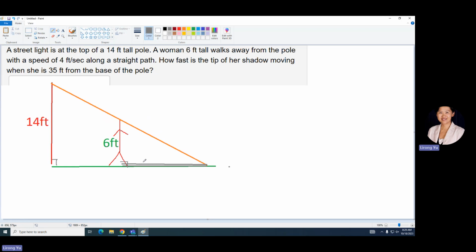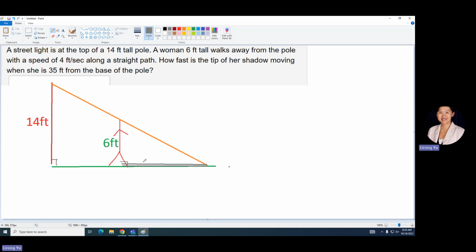There are two similar triangles because the angles in both triangles are identical. This is 90 degrees, that's 90 degrees. This angle at the corner is in both triangles. Triangles that have the exact same angles are similar triangles. Now, if they had the same sides, they would be identical congruent triangles, but they're not.